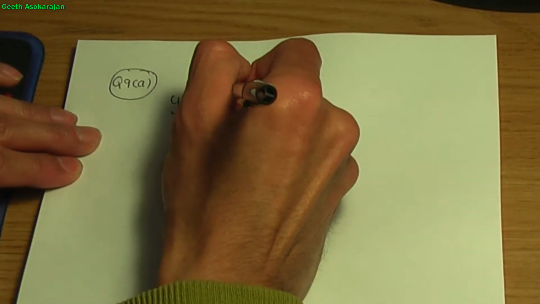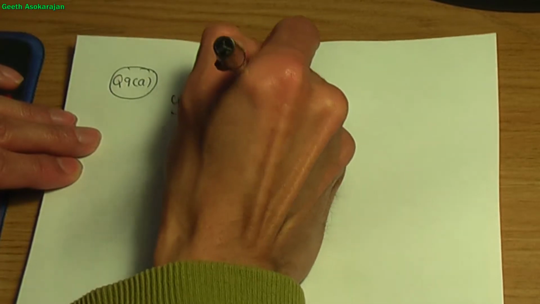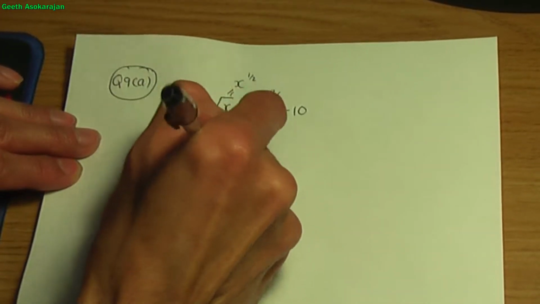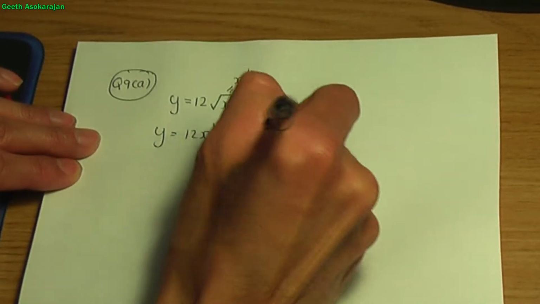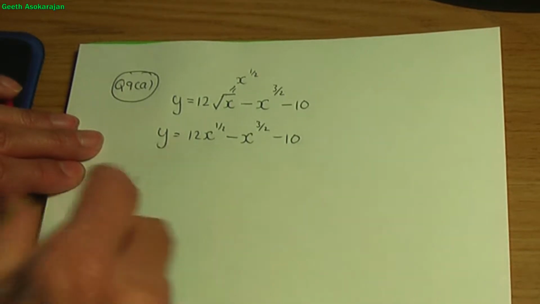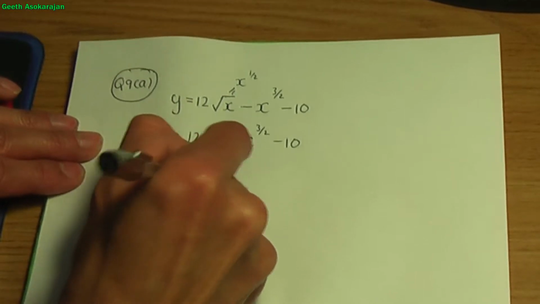So instead of having root x, let me write root x as x to the power of half. So let me write y as 12x to the power of half minus x to the power of 3 over 2 minus 10. And let's differentiate this instead. So let's calculate dy over dx.